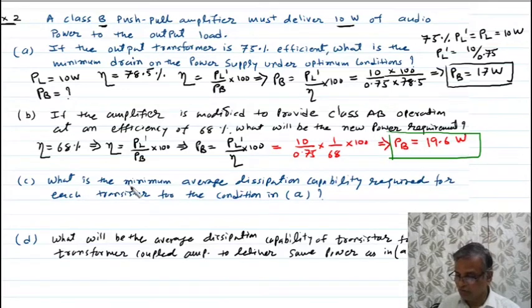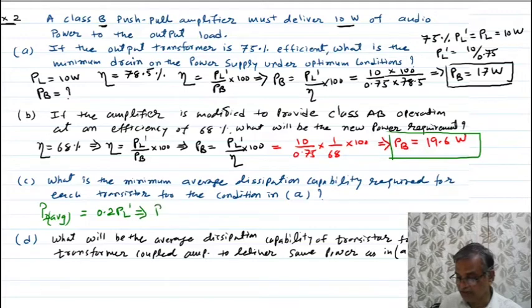Now see, what is the minimum average dissipation capability required for each transistor for a class B? So what should be the average power dissipation capability of each transistor in a class B?